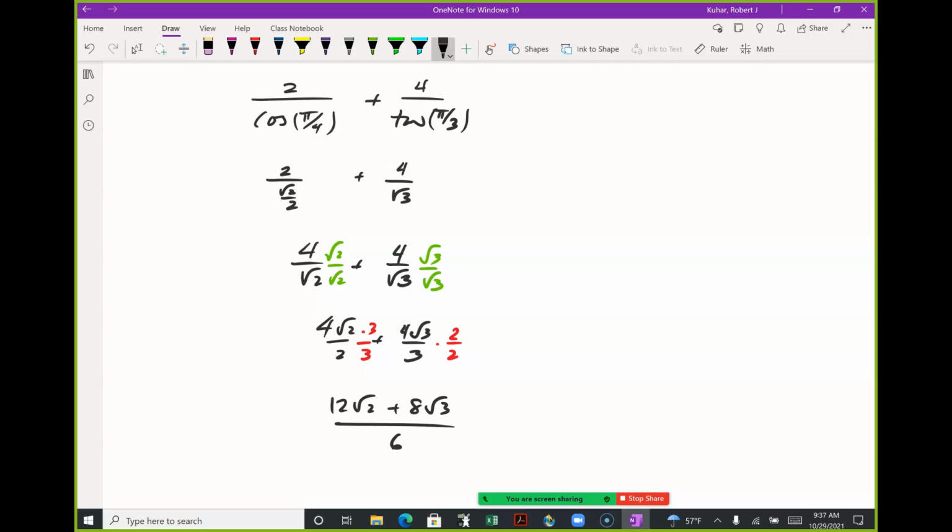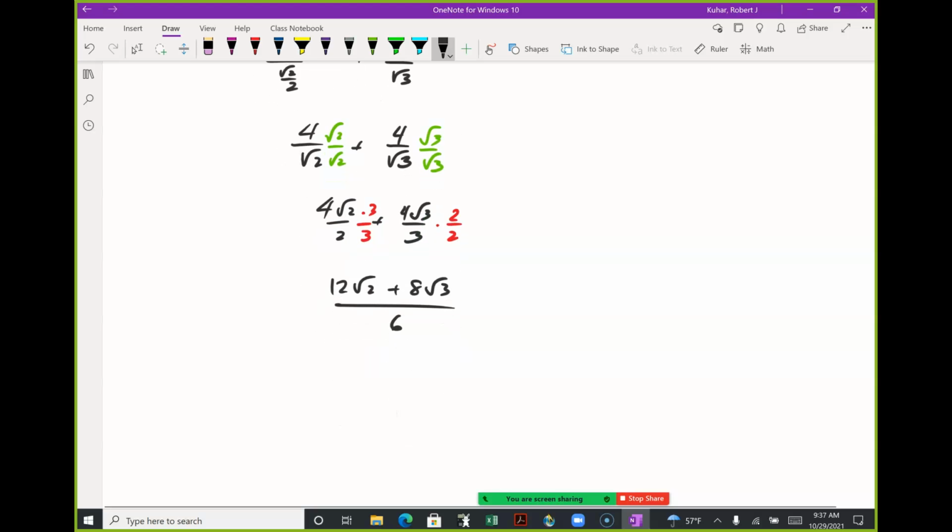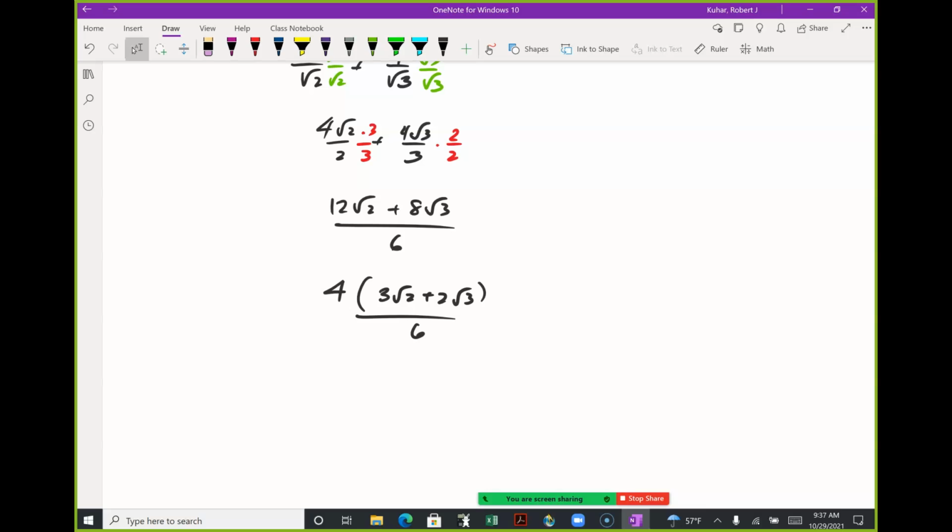It looks like I can factor out a 2. Oh, I can factor out a 4, right? So I'll factor that out as well. 4 times 3 rad 2 plus 2 rad 3 all over 6. So it looks like I get 2/3, right? So 2 times 3 rad 2 plus 2 rad 3 all over 3. And there it is.